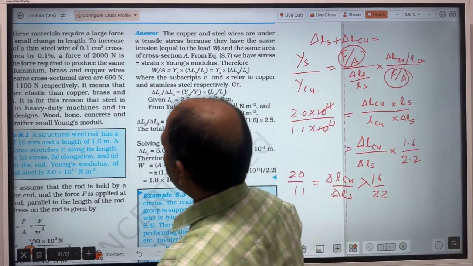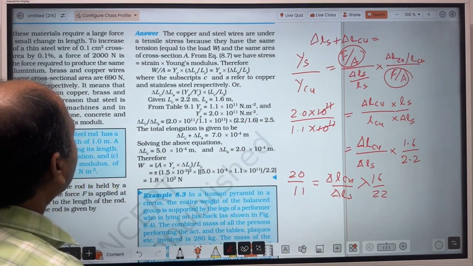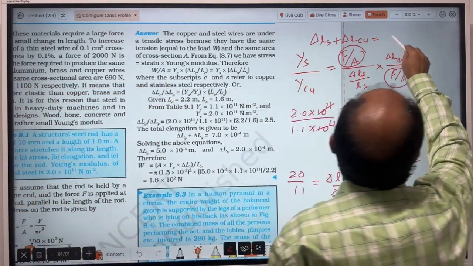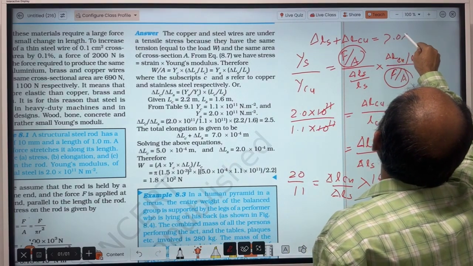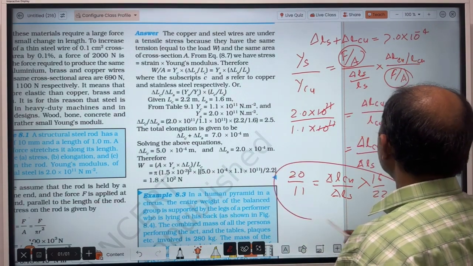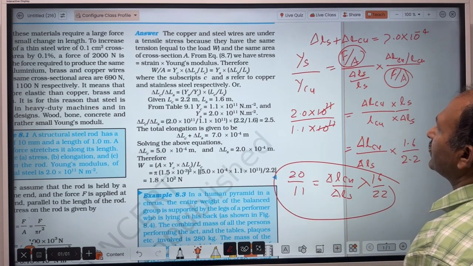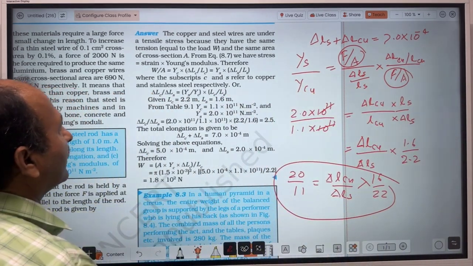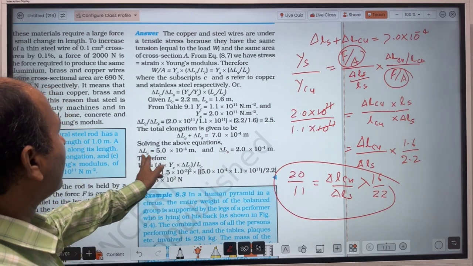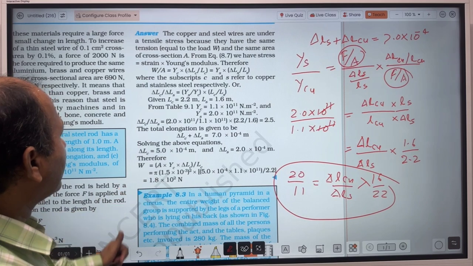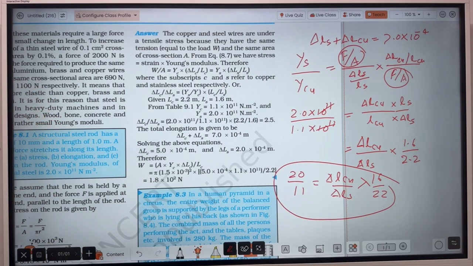In our question it is given, it is 7.0 into 10 to the power minus 4. So we have two relations and two equations. We can solve them, and then we will get the values delta LC and delta LS.